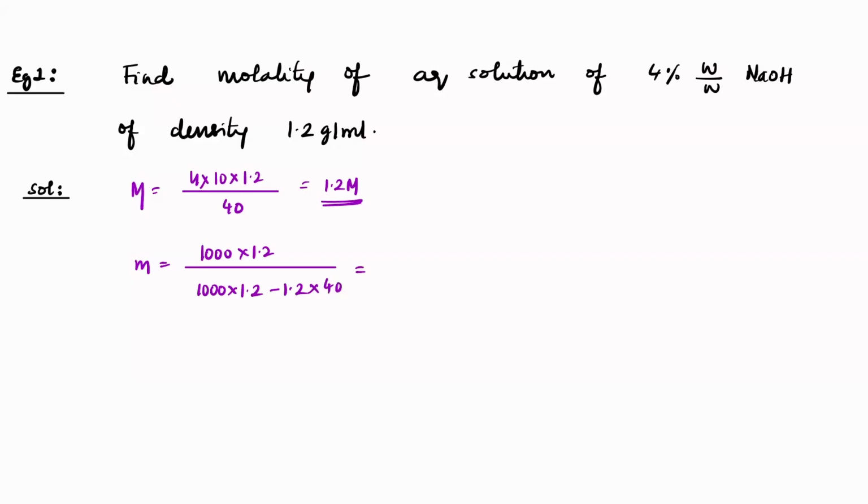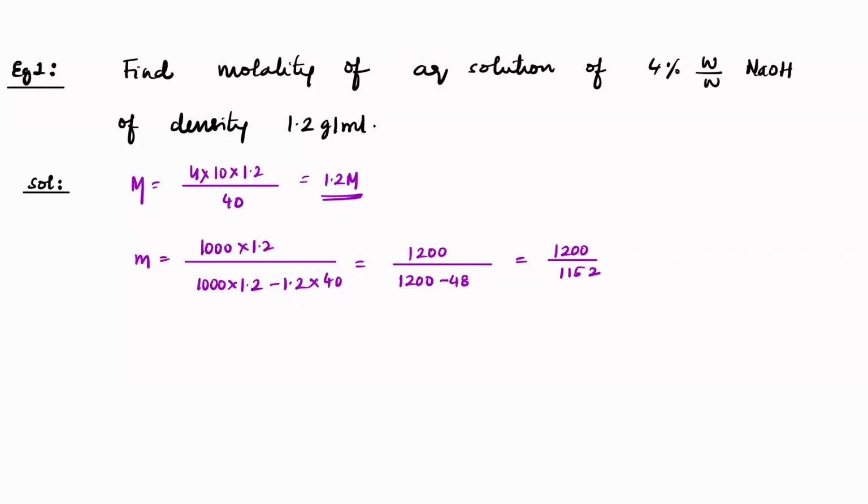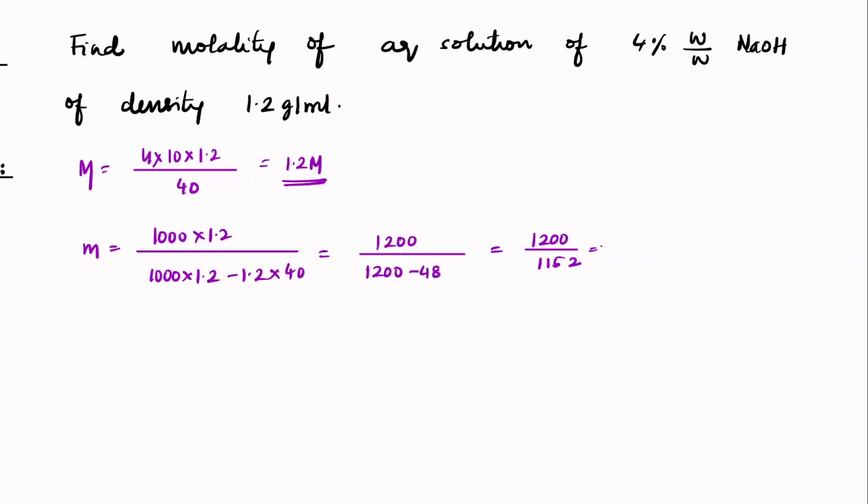Which makes it 1200 upon 1200 minus 48. Solving that, I'm getting 1200 by 1152. Let me see how much is the exact value I'm getting. So I'm getting it as 1.04. This is molal.